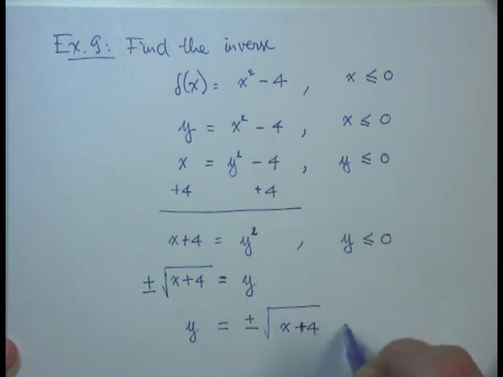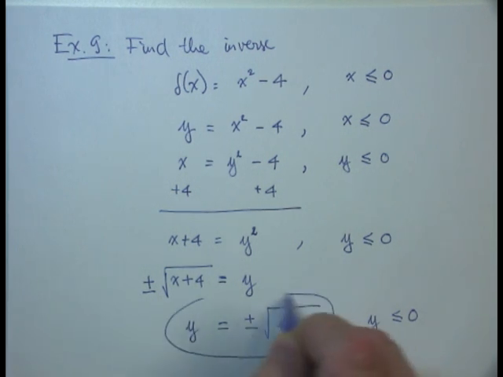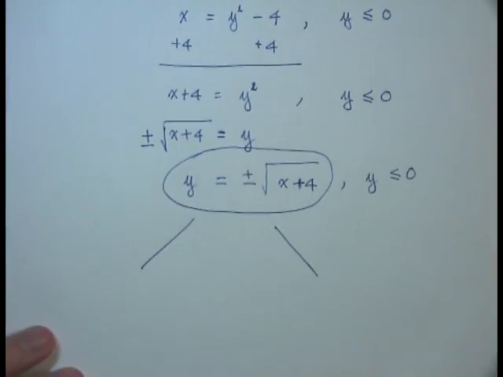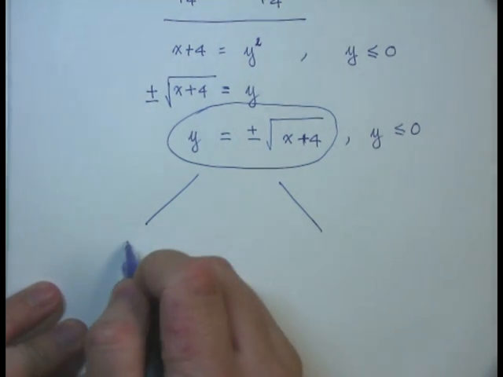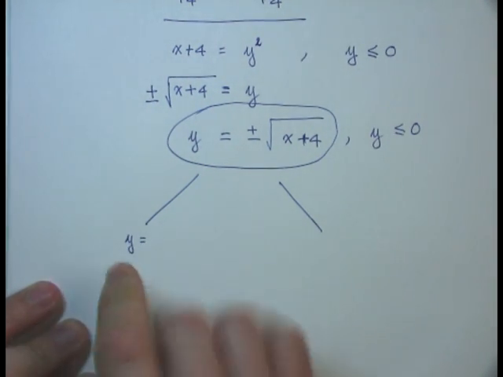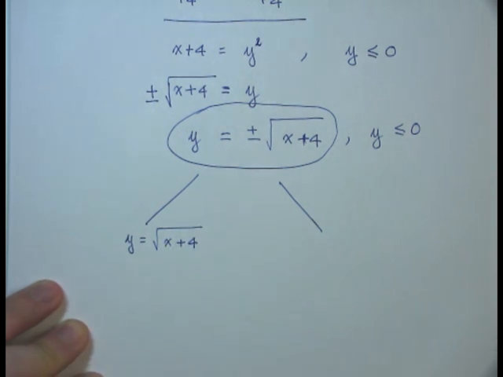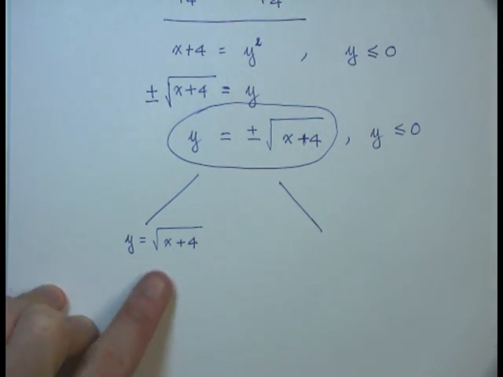Once again, one more time I'm trying to explain this. This final equation that I'm circling means two things. On one hand, the variable y equals the positive square root of x plus 4.